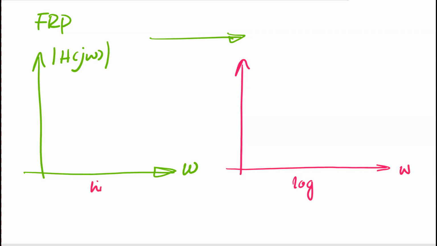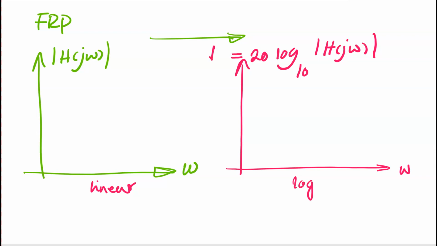So here I'm looking at a linear axis, and here I'm looking at logarithmic axis. And the gain axis is going to be described based on 20 log base 10 of the magnitude of H at j omega. And remember that we call this our decibel gain. So this is the standard gain that you're looking at here, and its equivalent decibel gain is basically equal to 20 log base 10 of this magnitude. So this is going to be our Bode plot.